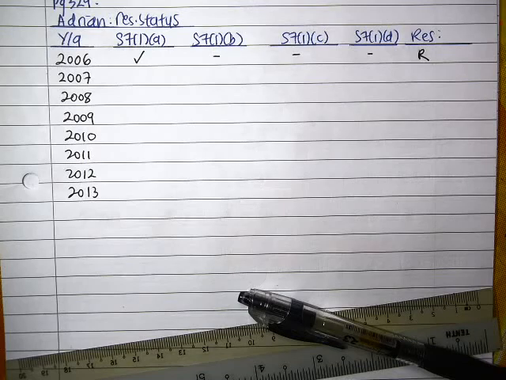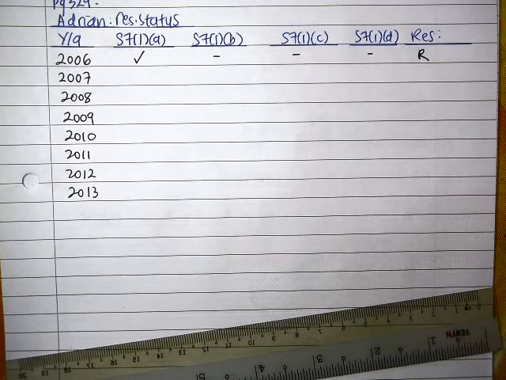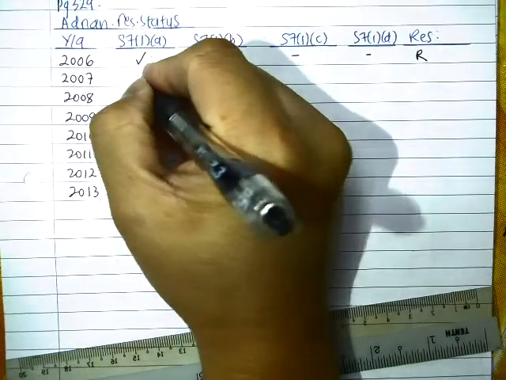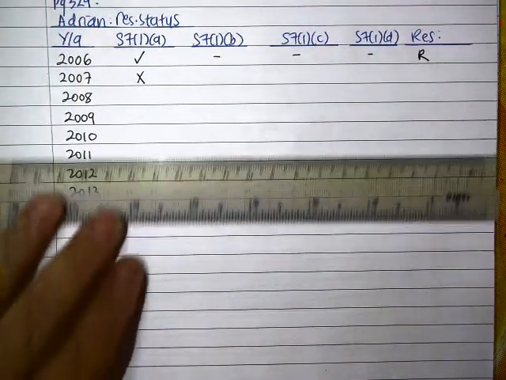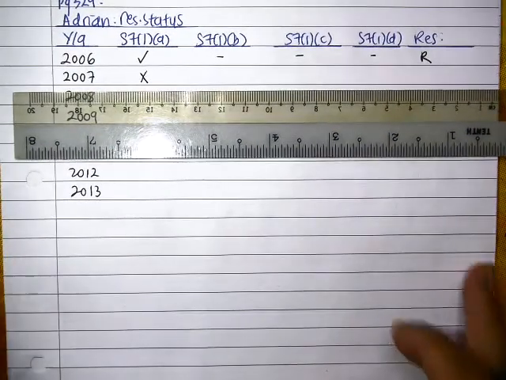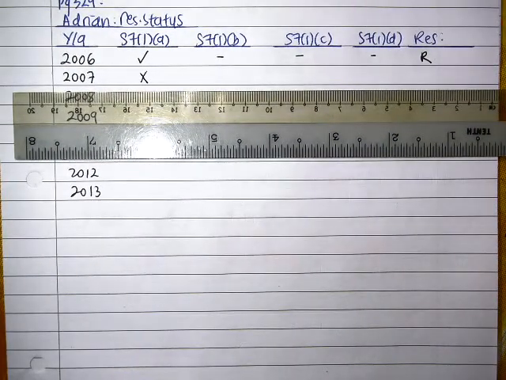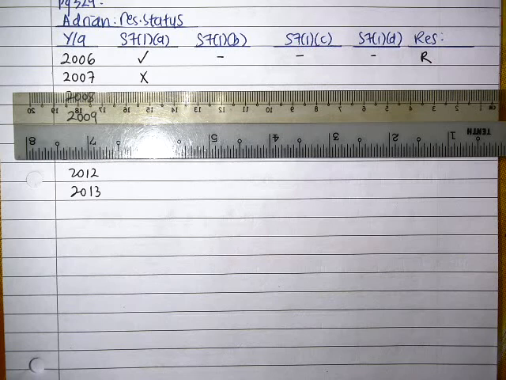Now for 2007, Adrian is in the country for 104 days. So not enough using A. How about 71B? If you want 71B, then you need to see if there's any link or not. Which year can you borrow from?